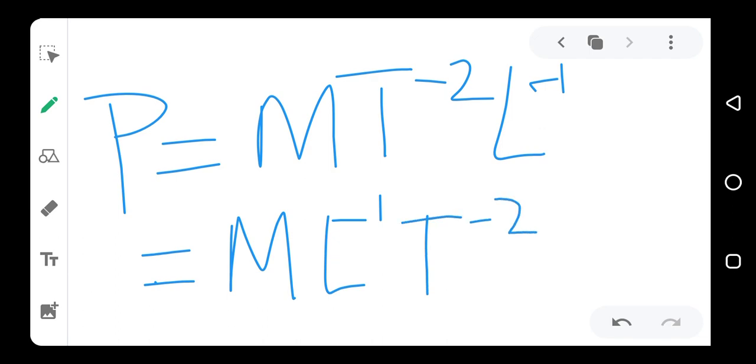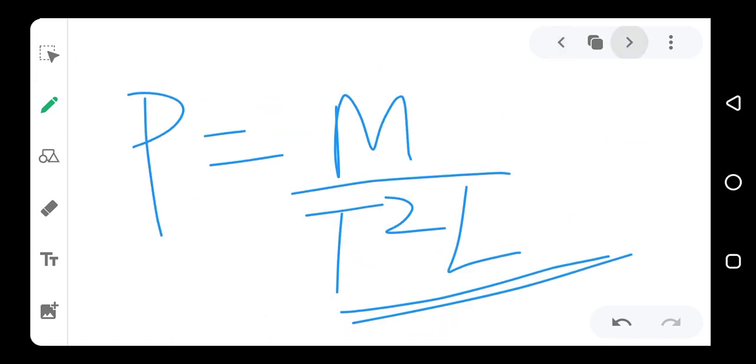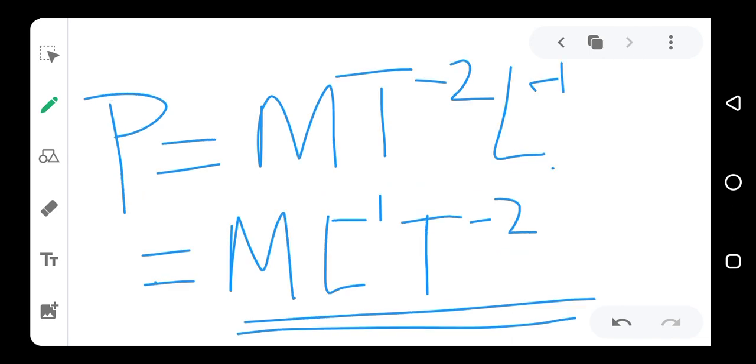It's the same thing, just that we are bringing this first and then the T second, so that you can count 1 before we count 2. And so this is the dimension. If you leave it like this, you got it. But if you want to put it in a straight line, you do a little manipulation to get it to this. It is still correct.